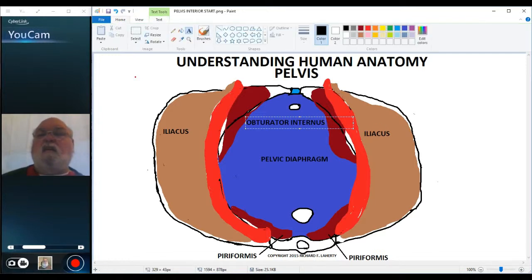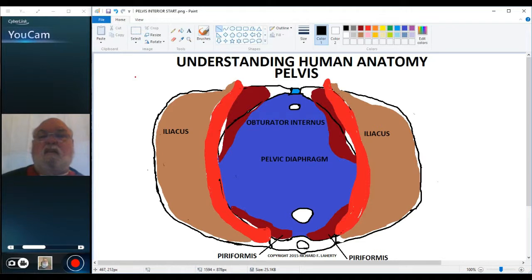And connect lines to both the obturator internus muscles, and then we have psoas major.